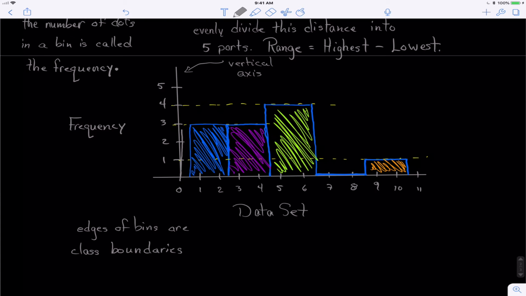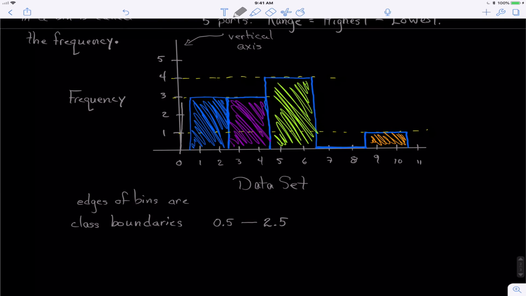So our first class starts at 0.5 and it goes up to what? It looks like it goes to 2.5. So that would be our first class with boundaries of 0.5 to 2.5. And notice this, it also has a frequency of 3. Our next class, if you look closely, goes from 2.5 to 4.5.